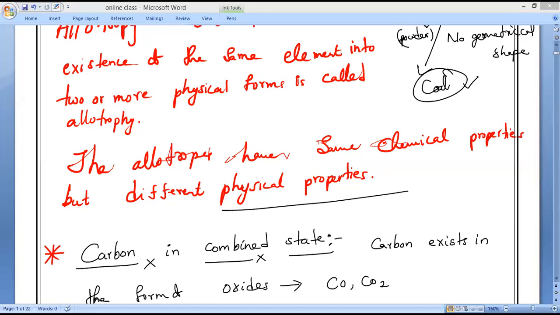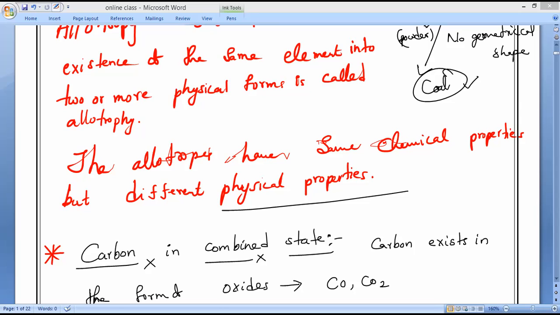But in graphite, between the layers, the internal force of attraction is less, so that is why it is very smooth. And if you notice, graphite is slippery in nature. So graphite is smooth and slippery, but diamond is shiny and the hardest.